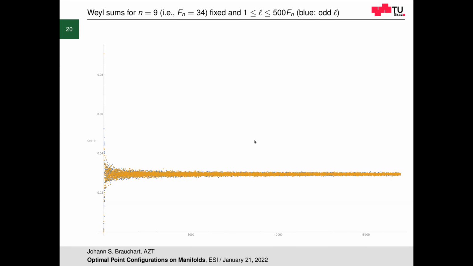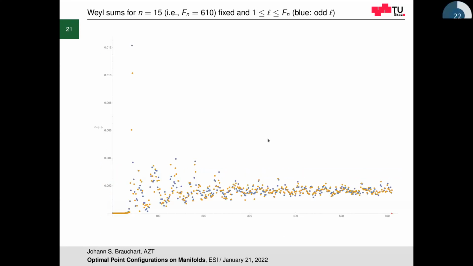So you see here that for a large range of the degree, the value of the normalized Weyl sum is rather constant, and something seems to be happening at the beginning of this interval. Let's zoom in here. I'm doing this in two ways.